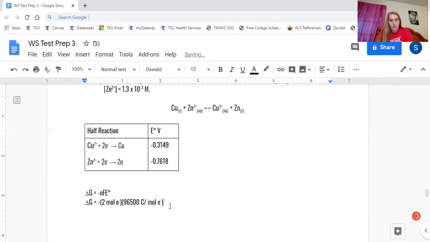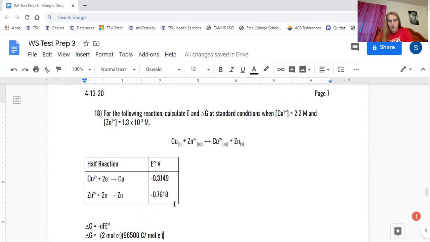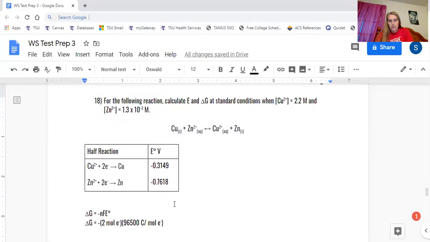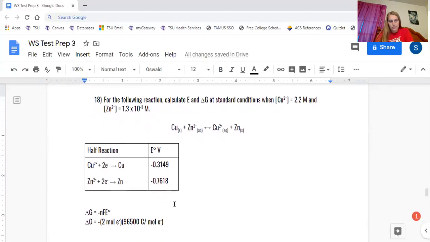Then we're going to have our E cell value, which I guess we have the half reactions. We need to go ahead and find what our overall reaction would be with that. So we're going to do cathode minus anode.